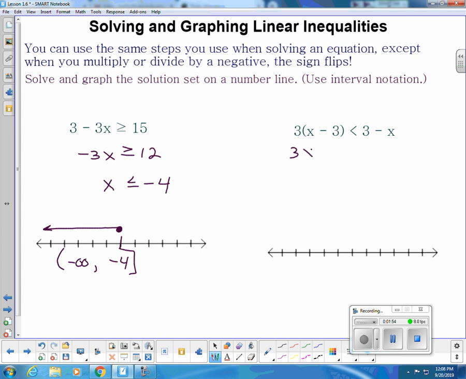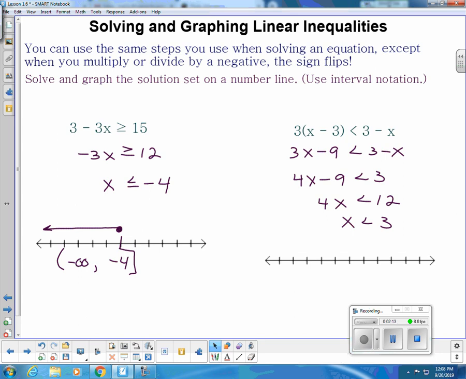You are just keeping track of if you have a negative. So I'm going to move this x over to join the left side. So only if you divide by a negative do you have to flip that symbol, or multiply by a negative.